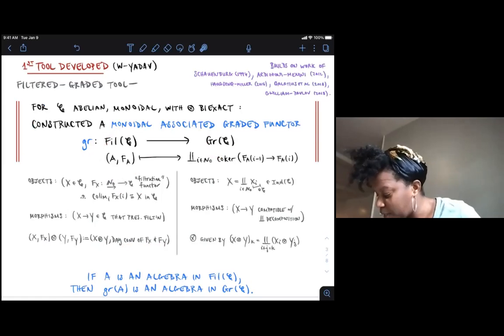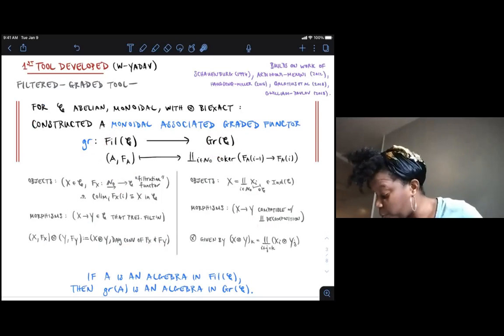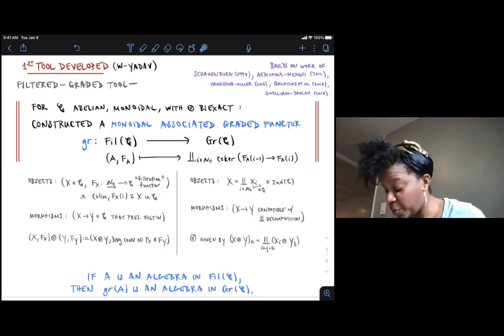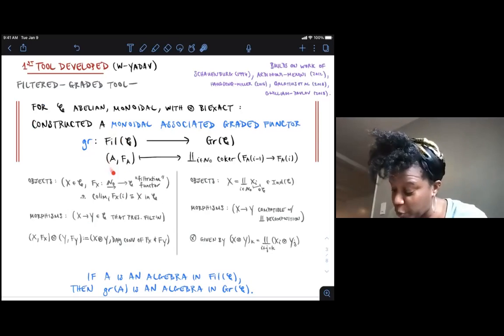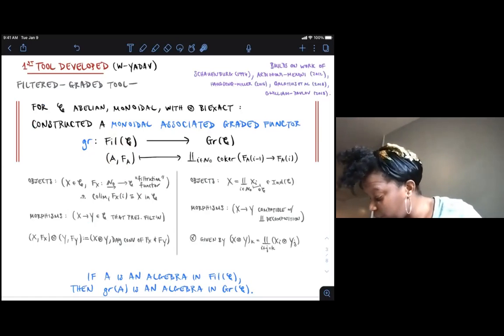Grade C. These consist of objects that have a nice graded decomposition as you would expect. Morphisms preserve the grading, and the tensor product respects the grading as one would expect. And we build the associated graded functor by just sending a filtered object given by A and its filtration functor to this coproduct of co-kernels here.